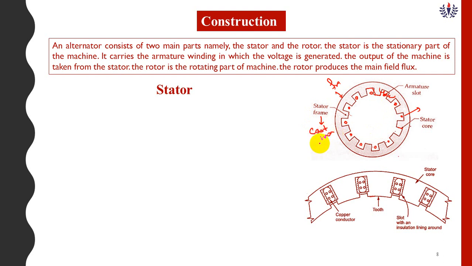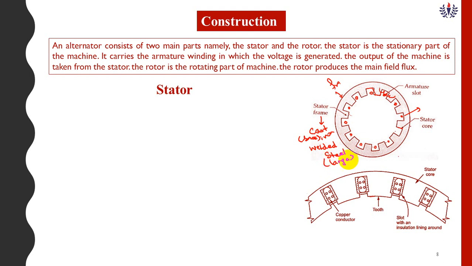Cast iron material is used for small size machines, and welded steel material is used for large size machines.